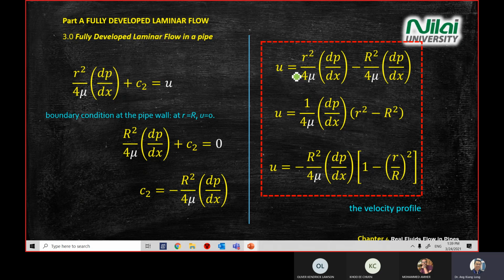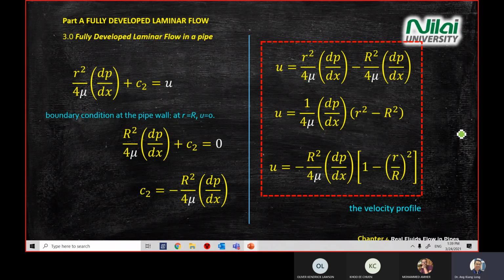For example, if you are given a scenario with fully developed laminar flow in a pipe, and the question asks for the velocity profile, straight away flip to these slides and use one of these three. You can use the first, second, or third one, depending on the parameters that you have in the question. Clear?